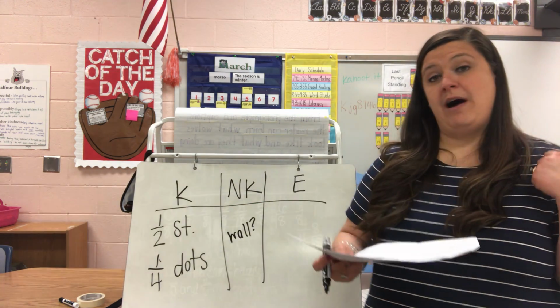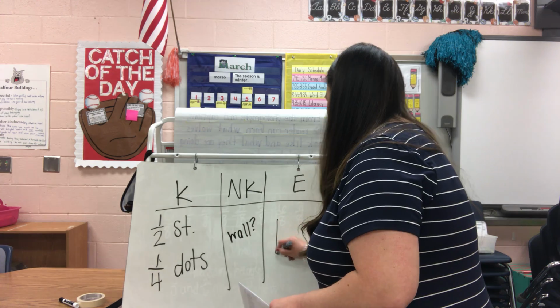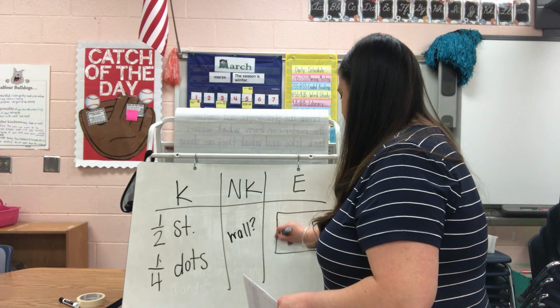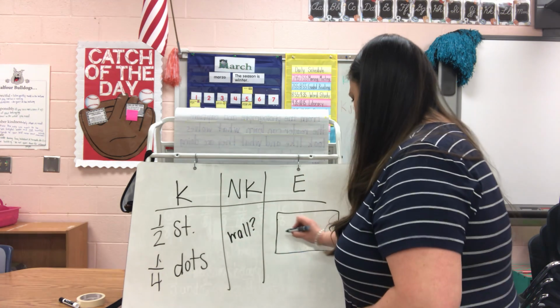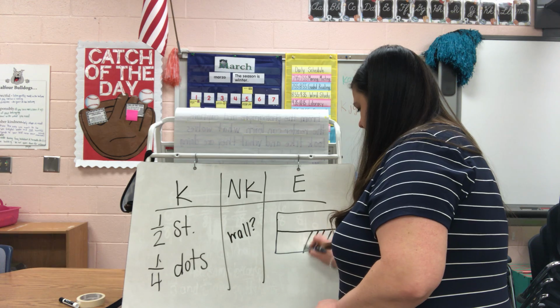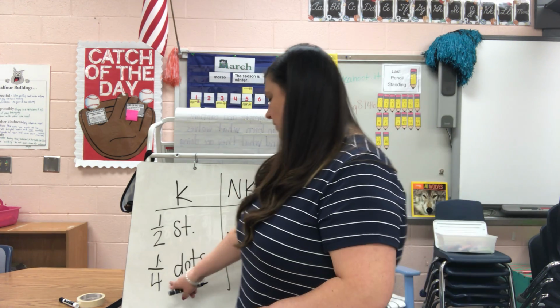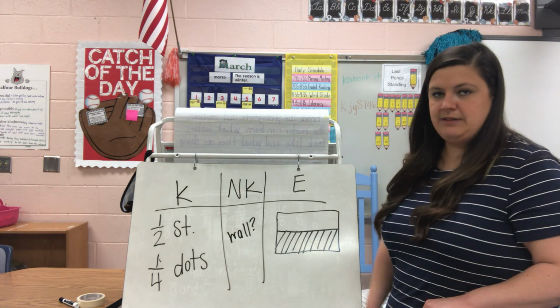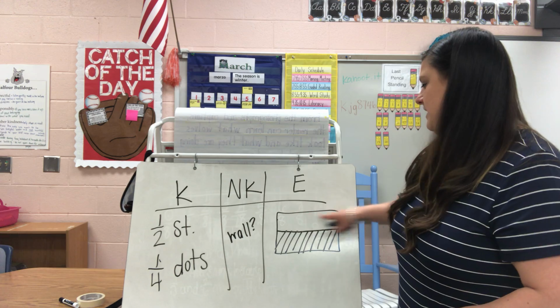So I'm going to draw my own wall. I can see that his wall is shaped like a large rectangle. So first I need to break it in half and draw stripes. But then I need fourths. Well, if I was to make fourths with the top part, I could separate both of them in half.